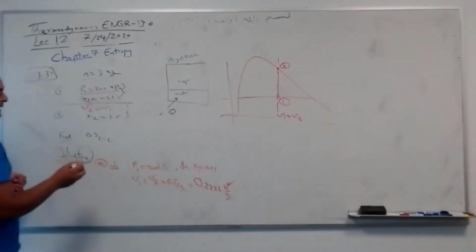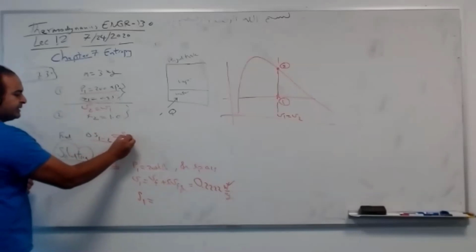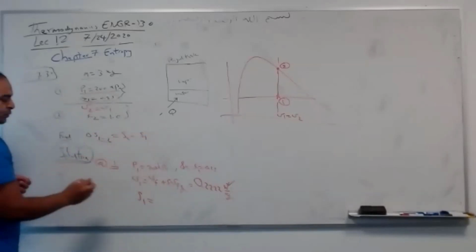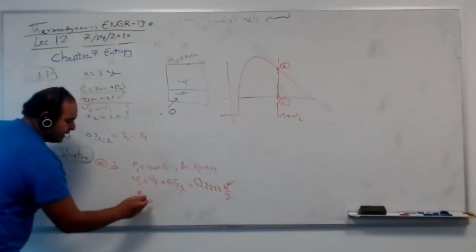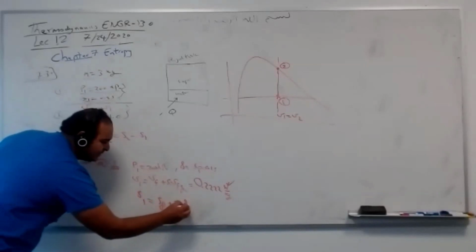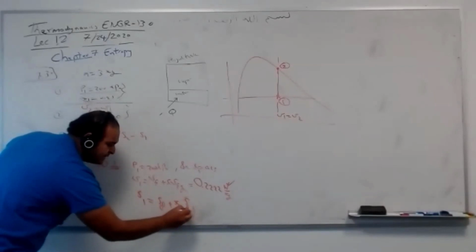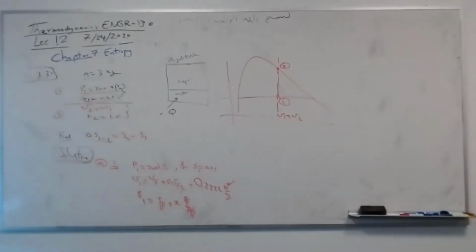You can get, for example, S1. That's what I want. I want S2 minus S1. I can get S1 the same way. It's sf plus x sfg. Everything is small s to be specific.